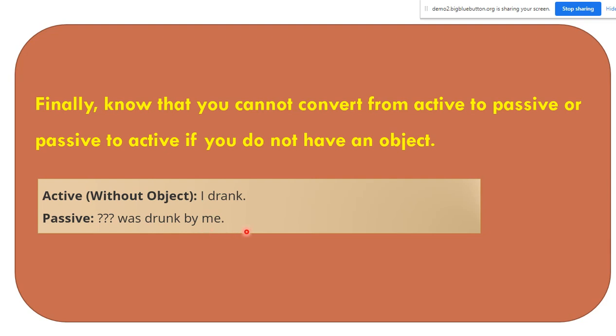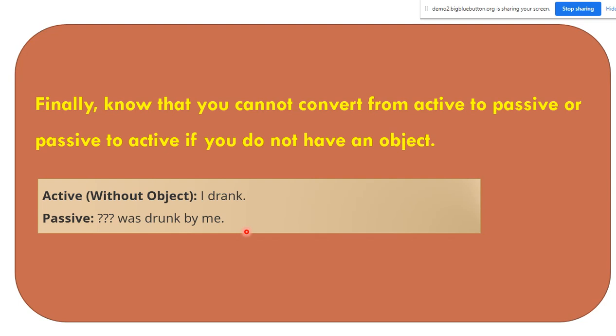Of course not. And vice versa, I can convert from passive to active only if I have an object in the passive. Why? Because this object should be turned into a subject later on, and if I don't have a doer, I can't start an active sentence.